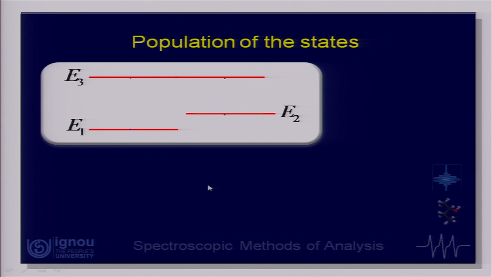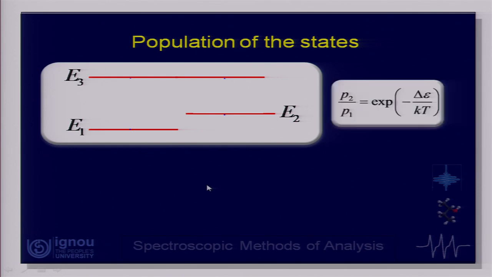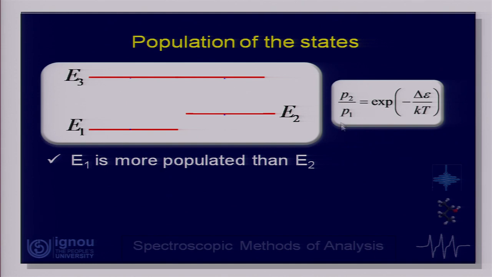And you remember from your basic understanding that according to the Boltzmann distribution, P2 by P1, that is the population of level 2 to the population of level 1, is given by the following Boltzmann expression, which is a very familiar expression for you, I am sure. And according to this, what you find is that level E1 is more populated than level E2, because this is a negative exponent over there. That means the population of level E2 is less than that of E1.